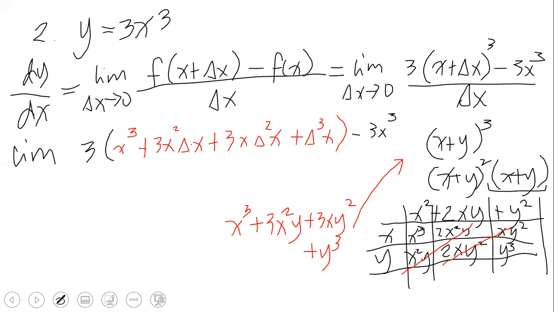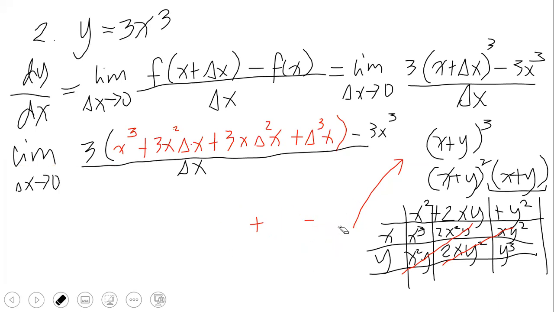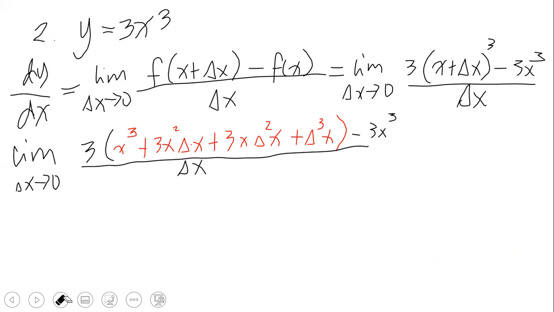So all over delta x as delta x approaches 0. So simplify na lang po natin yung term. So we have the following, distributive property.